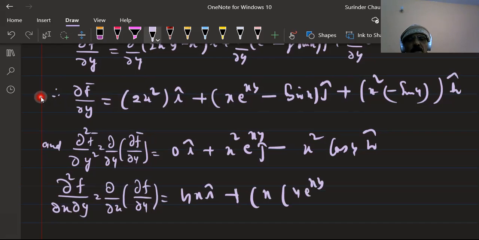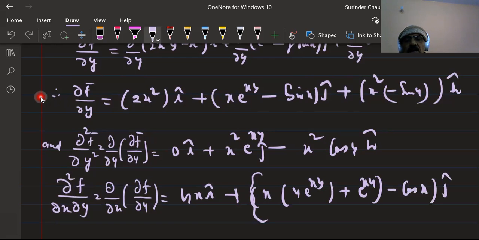Y is to xy plus e is for xy minus ddx of which to x minus cos of x j and this is equal to which to x is equal to minus 2x sine of y into k.